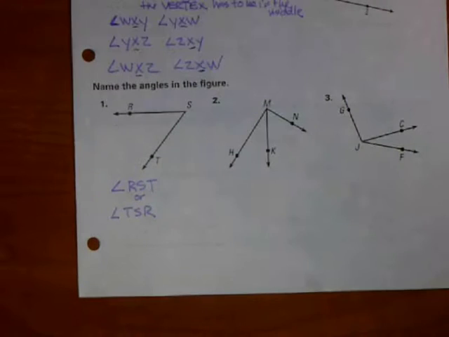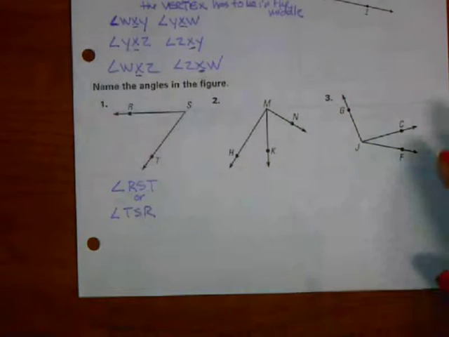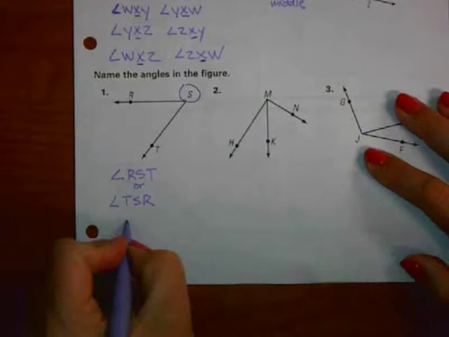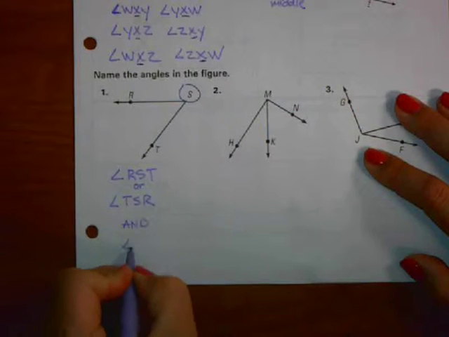Where's that S? In the middle, right? Now, there's another way to name this. Does anybody know? McGregor, what do you think? Do you name it by just the vertex? Right on. You can also name it by just the vertex, and you can name it angle S.